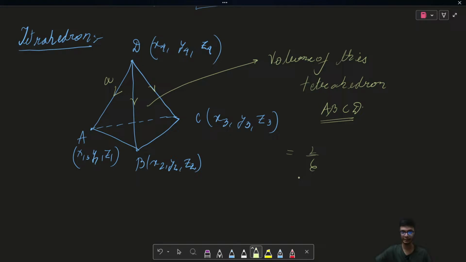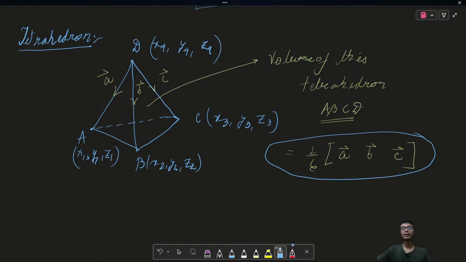If I call these vectors A vector, B vector and C vector, the result is 1/6 times the scalar triple product of these three vectors, right? This is what we've already studied in our earlier discussion of the scalar triple product.